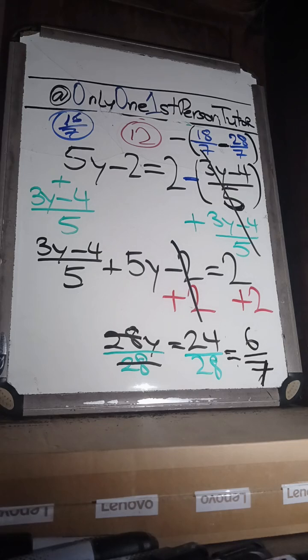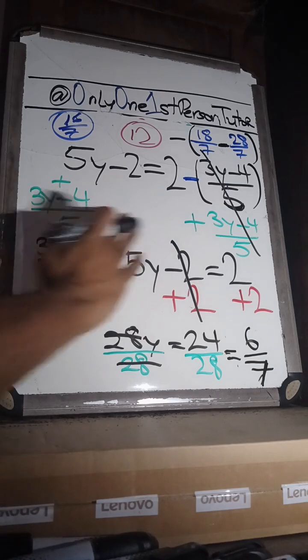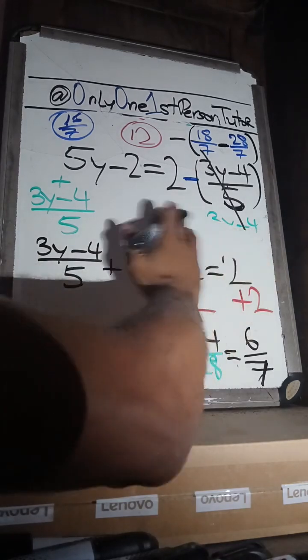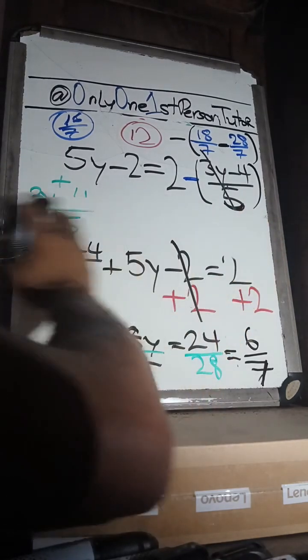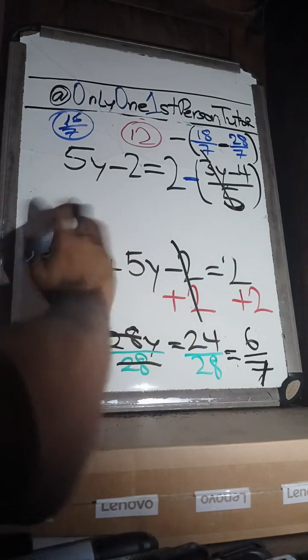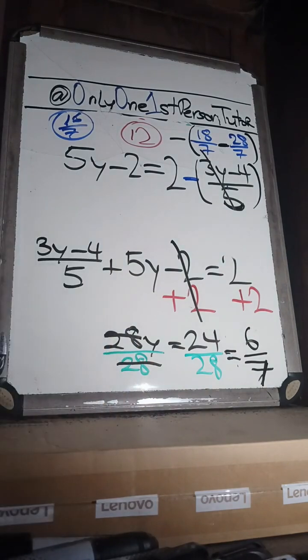10 over 7, you divide it by 5, you have 10 over 35. What? Hold on, let me see if it works out, because we might be onto something. So let me try this now.